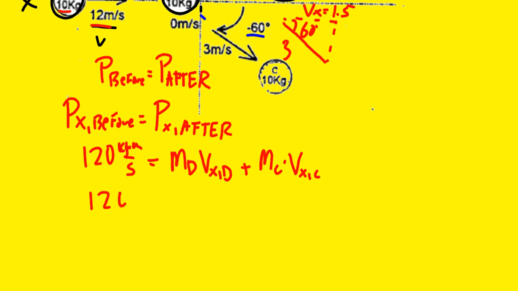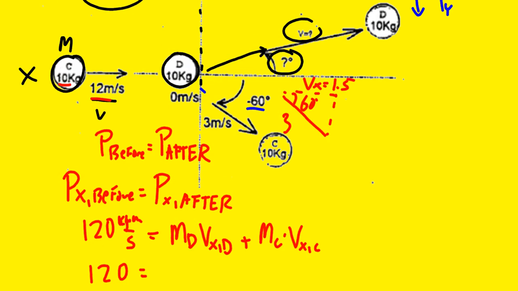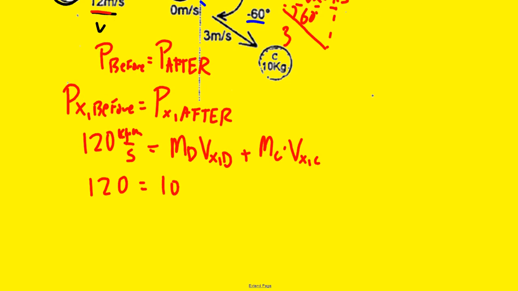Solving for this first part becomes pretty straightforward. We have 120 on one side, the mass of D is 10 kilograms, and we're trying to solve for the velocity of D. The mass of C is 10 kilograms and its velocity is 1.5.